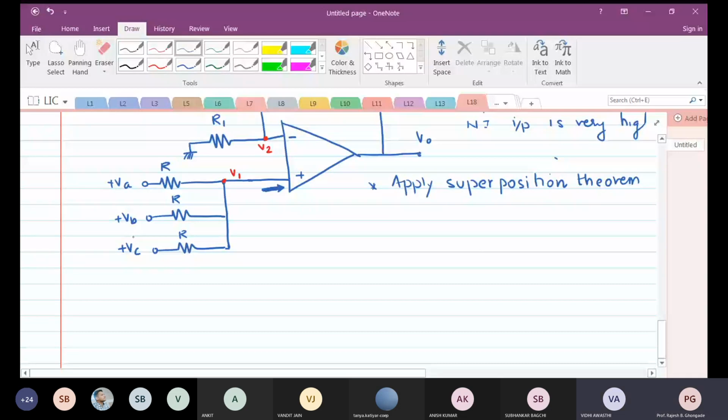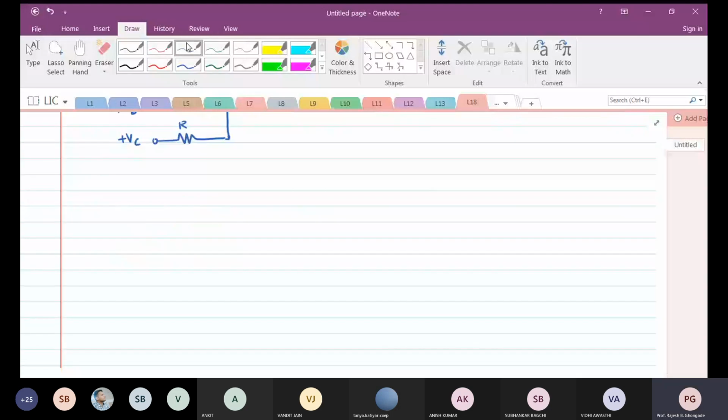It's a very simple way of talking about the superposition theorem. So here in this case, I'll have to draw this again. It doesn't matter.